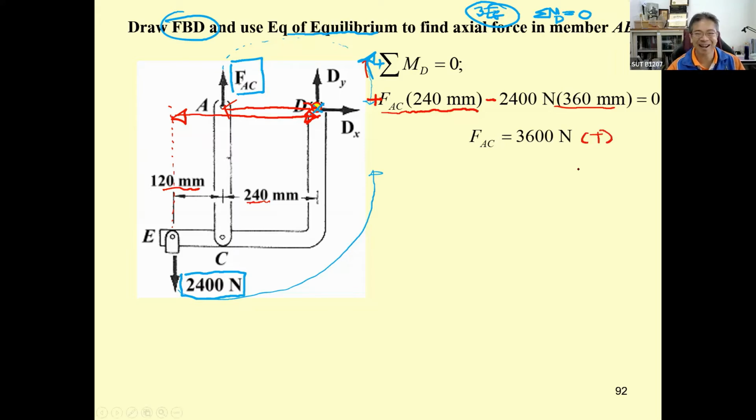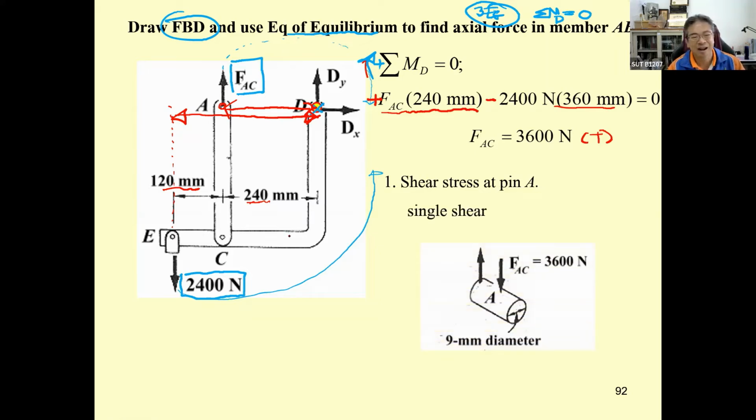Okay. Next, the shear state at this point. We know this is going to be single shear, right? Yes. And we know that the rod at this point will be subjected to this force. Since this one is 3,600 Newton, by Newton's third law, this 3,600 is going to apply over here.